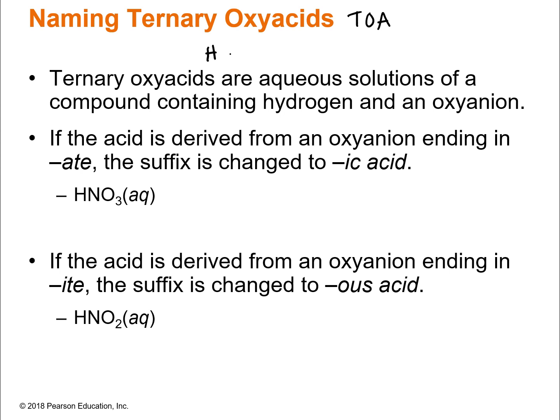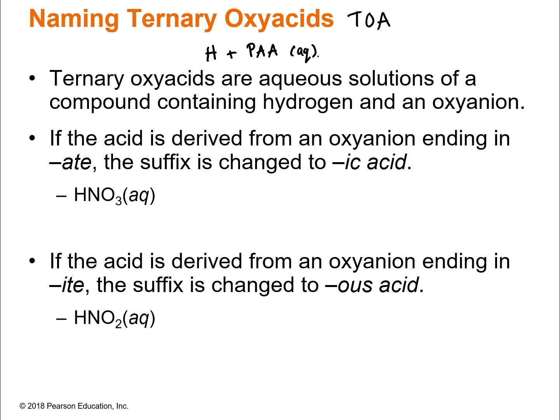You've got a hydrogen plus one of those polyatomic anions that has oxygen in it. They're also called oxyanions. You'll also still see that AQ when you're looking at a chemical formula. The hydrogen with the polyatomic anion followed by AQ for aqueous.